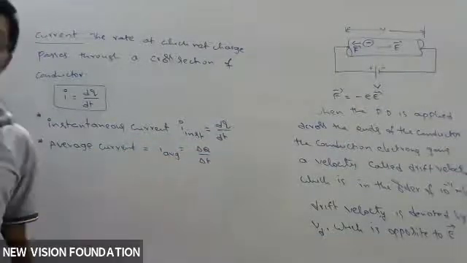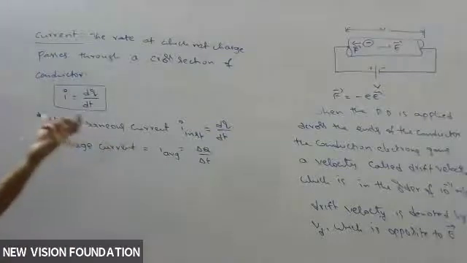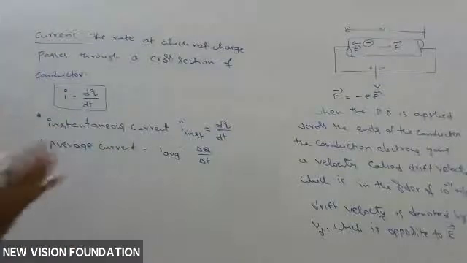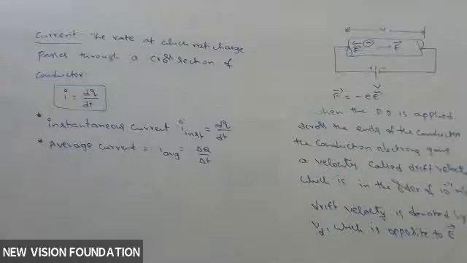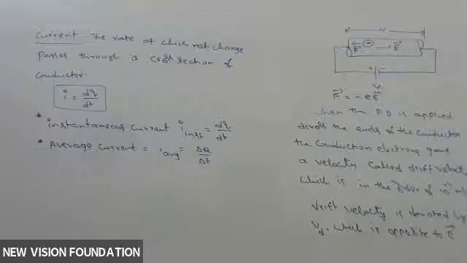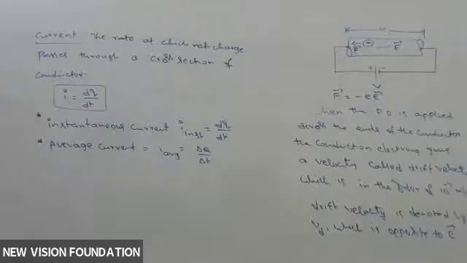So for the finite time interval, the charge flow is said to be average current, whereas for infinitesimal duration of time, the charge flow is called instantaneous current. Instantaneous current means current at any point of time. Average current means the net charge flowing through a cross section in a finite interval of time.